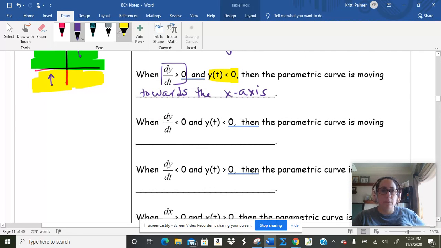So what if here my y was in the negative, and now the derivative of y is less than 0, meaning I'm going down. Then now, again, I am moving away from the x-axis.